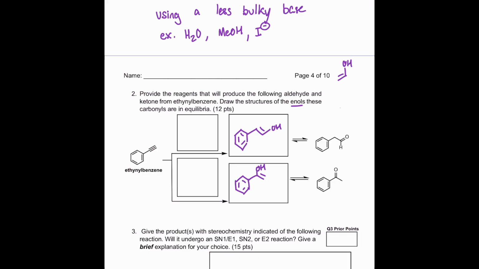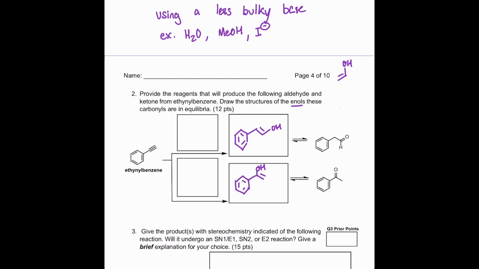The key thing to notice is that there's no change in this one or this one other than where the double bond is going to be. So it's just switching from an enol to a carbonyl. And that's that whole process. Same with this one down here, but notice that we grabbed the hydrogen from over here and not here, so the double bond wouldn't be here because there is no hydrogen to grab from here.